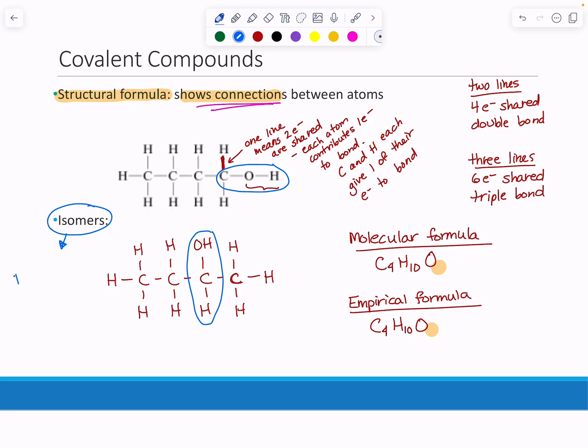But what isomers are is a different way of arranging the same atoms, okay? And again, we have different types of isomers, so sometimes the bonding is different, and sometimes it's just the shape in space that's different.